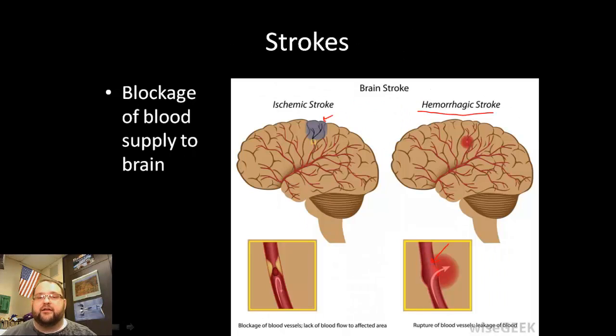So pretty severe. Once again, strokes, depending upon where they happen, one of the common signs of strokes is loss of muscle function, so paralysis on the side of the face. Slurring of speech is another possible stroke sign.